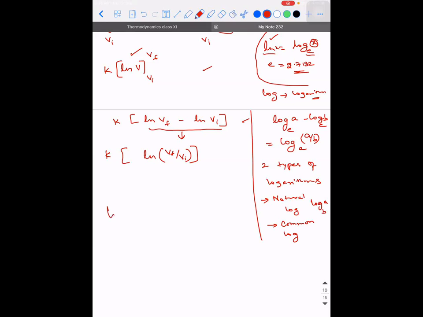Generally it is written like this: log A base B. That is how you read. Log of a number base B. If the base B is equal to E, then it is natural. If base B is equal to 10, then it is common.